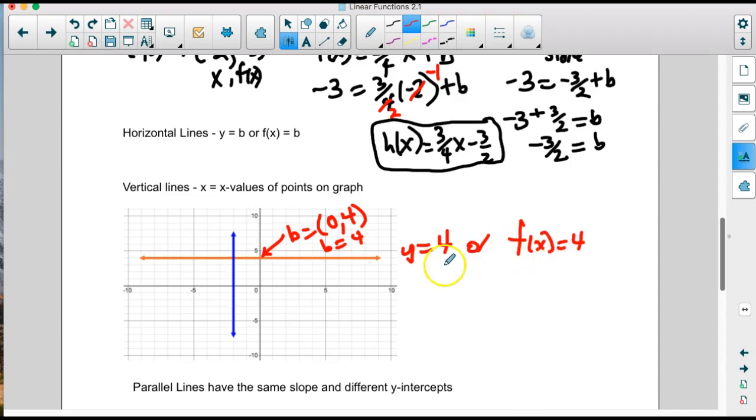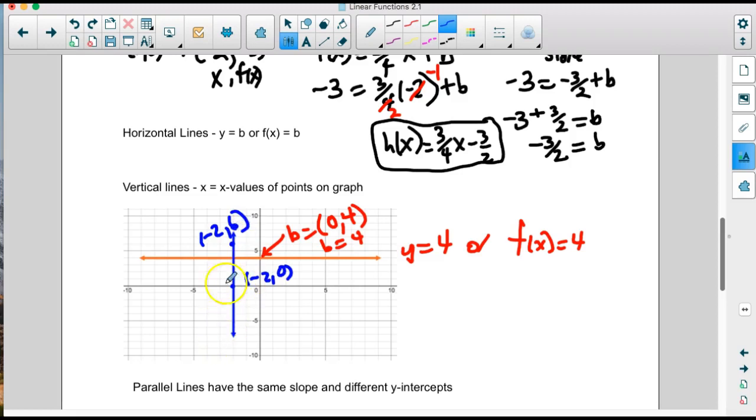Well, we can use function notation for that. Now, on the vertical line, we need to know what x values are on this line. So I'll just look at the x-intercept. The x-intercept is negative 2, 0. If we look at another point up here, this is negative 2, 6.